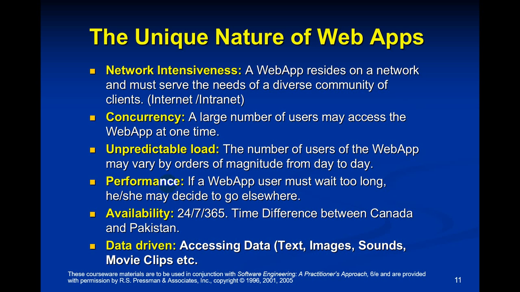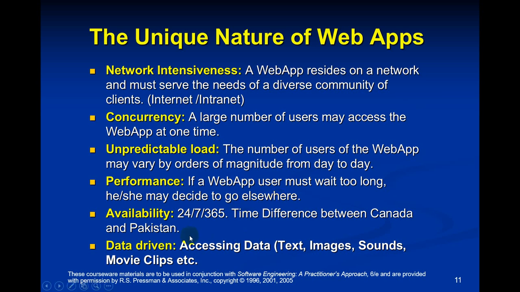This is another quality of the web apps. If a web app user must wait too long, right? You want to download a movie clip and you are waiting and waiting, then you may decide to go elsewhere. You will say, okay, fine, I'll go to the other site and download that clip because it is taking too much time.